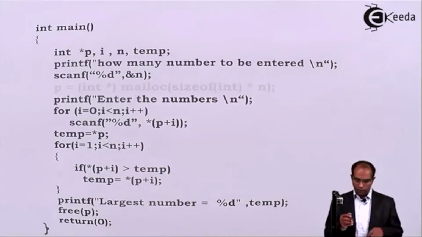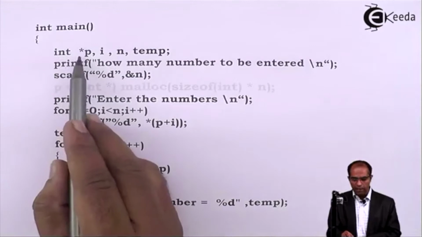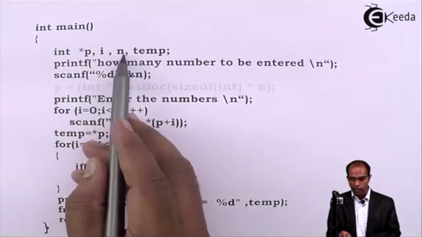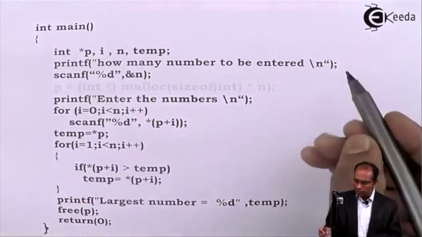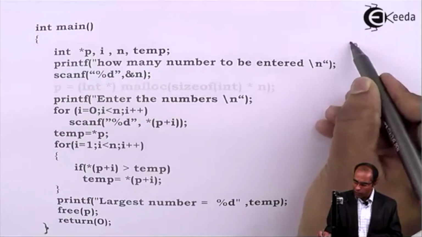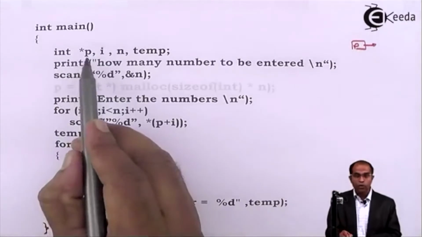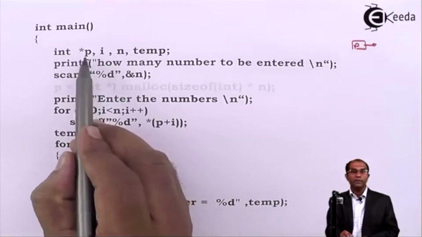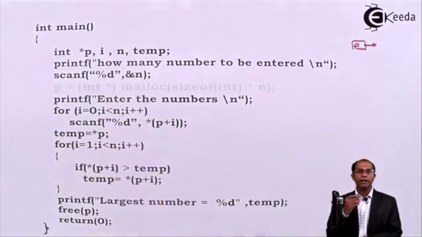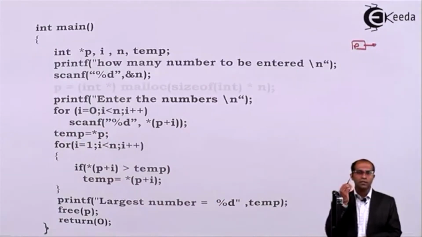Now suppose at the declaration I have int *p, i, n, temp. In this case p is a pointer, that's it. If I ask you to describe p, what entity is this? Is this a variable? Is this a pointer?